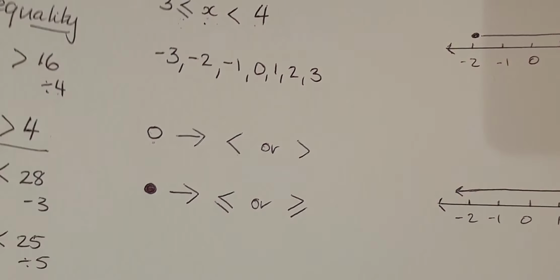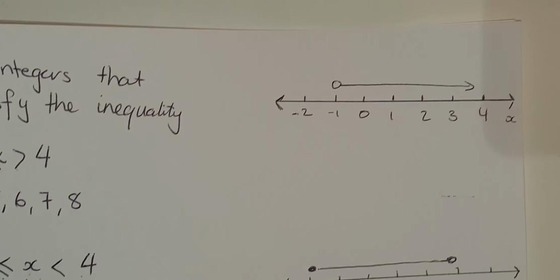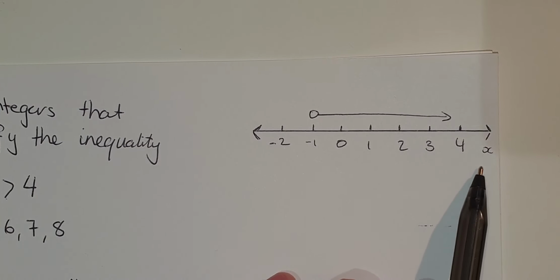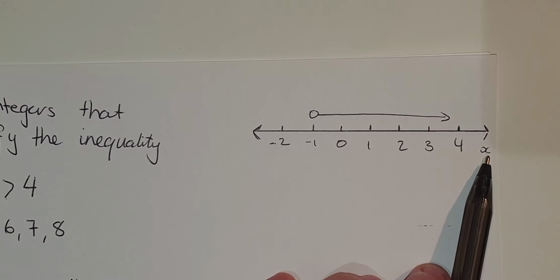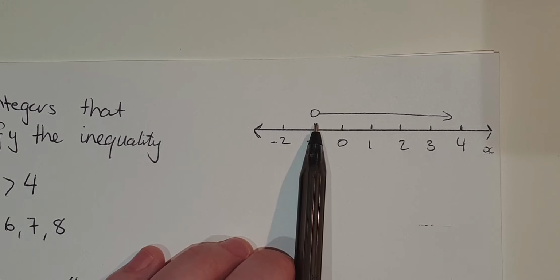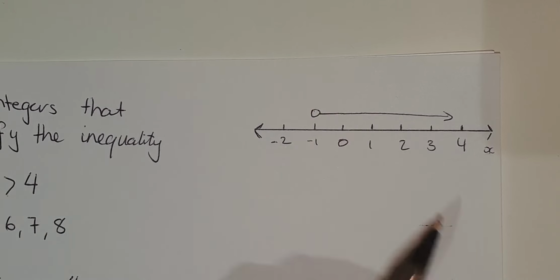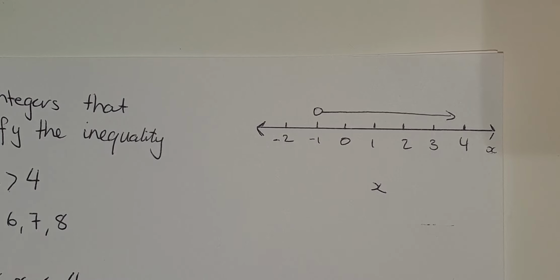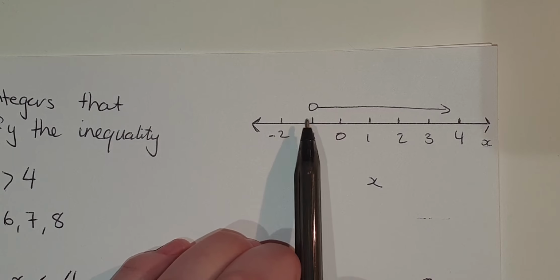So if we come over here and we have to label the inequality that is on this line. First of all, we can see over here that our line is labeled x. We also have an open dot. So we have x, and we know that it's going to be a greater than or a less than.